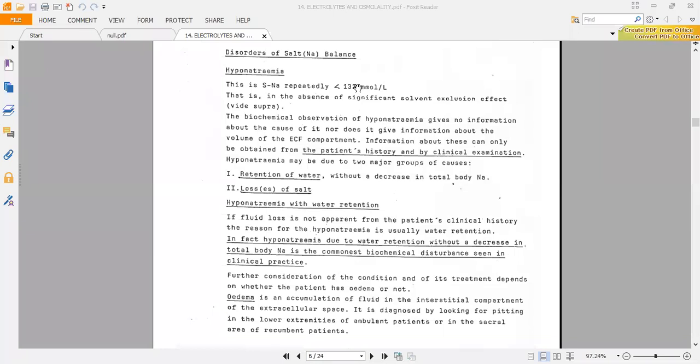The first one is that the person has retained a lot of water and the water has diluted the sodium, reducing the sodium concentration. Okay, and then the second thing that can cause hyponatremia is when the person is actually losing sodium. So we are going to take them one after the other and see how we can diagnose these.